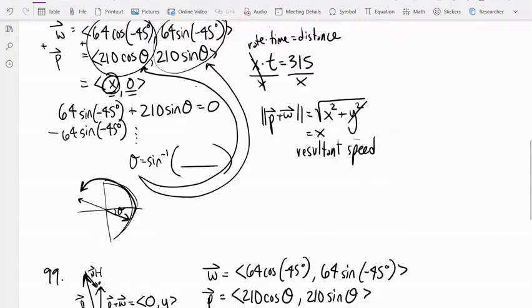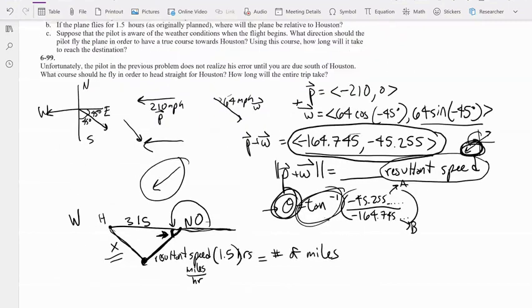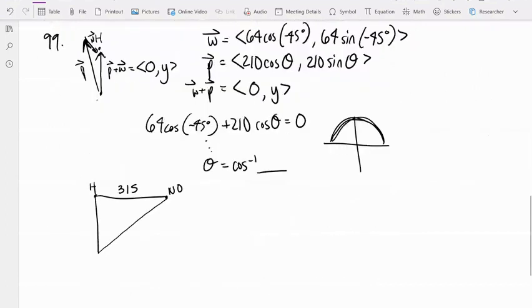I think we can just use theta from part 1, because it says you do not realize your error until you reach south of Houston. Okay, so this theta here is going to be the same theta, and it is a right triangle. Your theta is going to be the same as your theta from part A, same as number 98, part A.